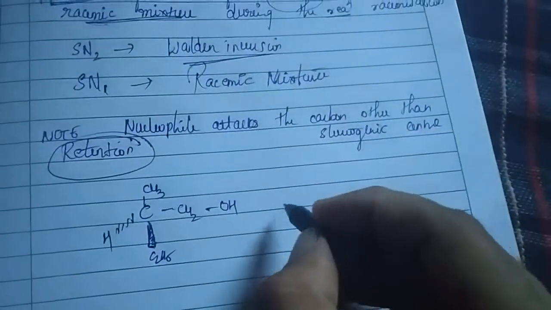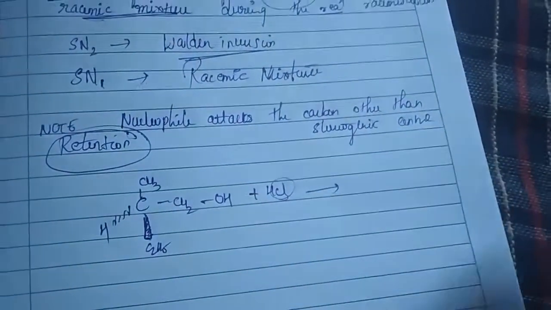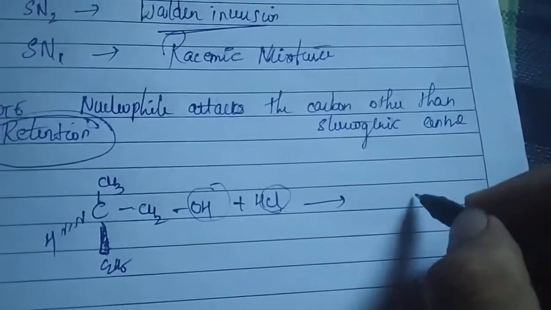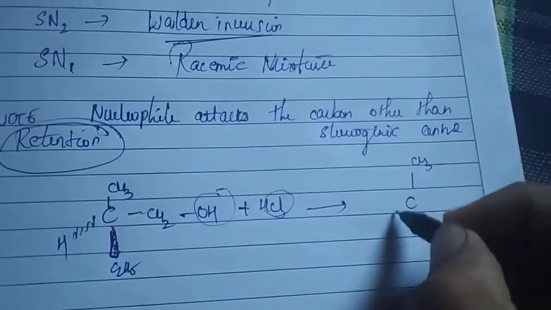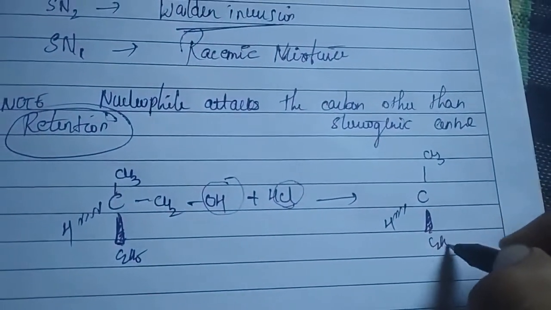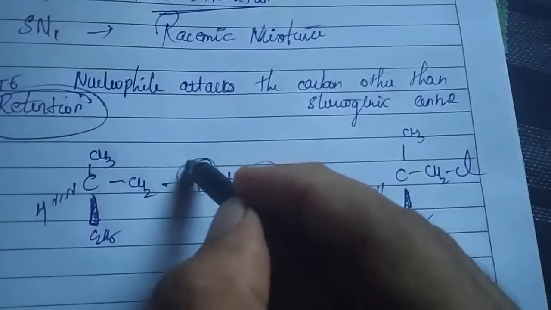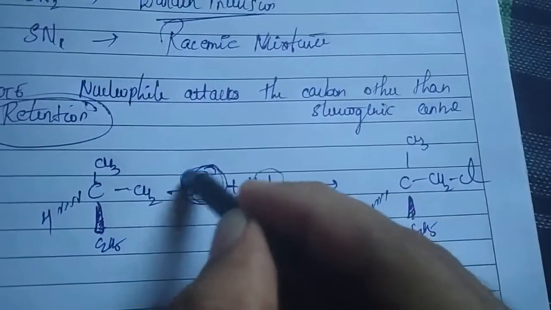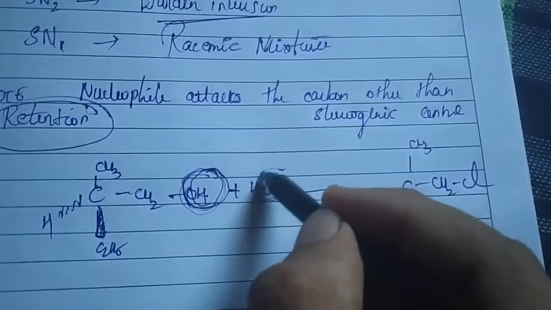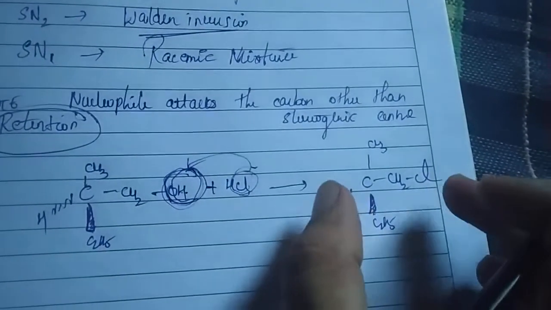Here I treat this with HCl. The Cl- acts as the nucleophile. Here OH is a leaving group. So now we get CH3, H, C2H5, CH2Cl. The nucleophile has come and sat at the position where the leaving group was. So there is retention.